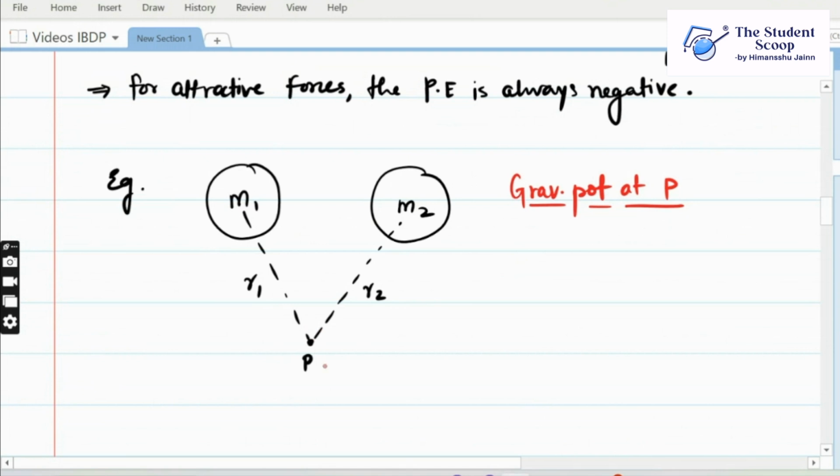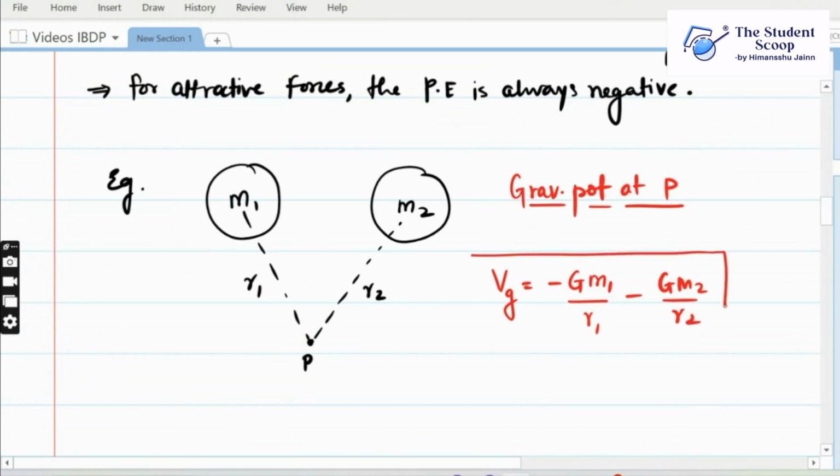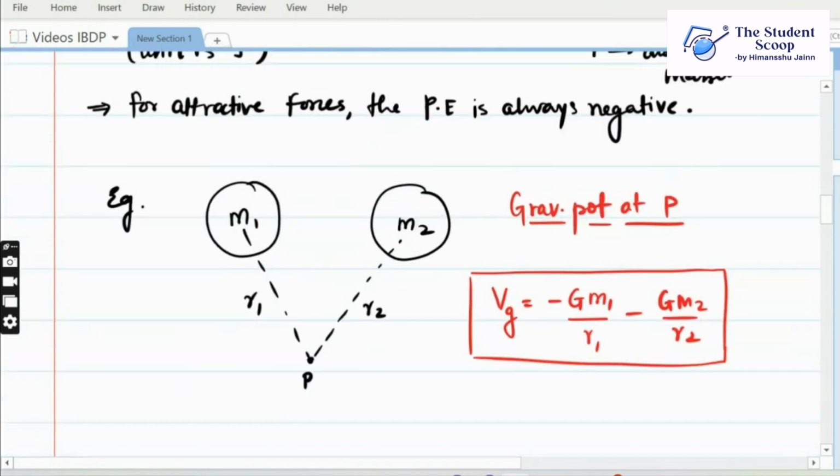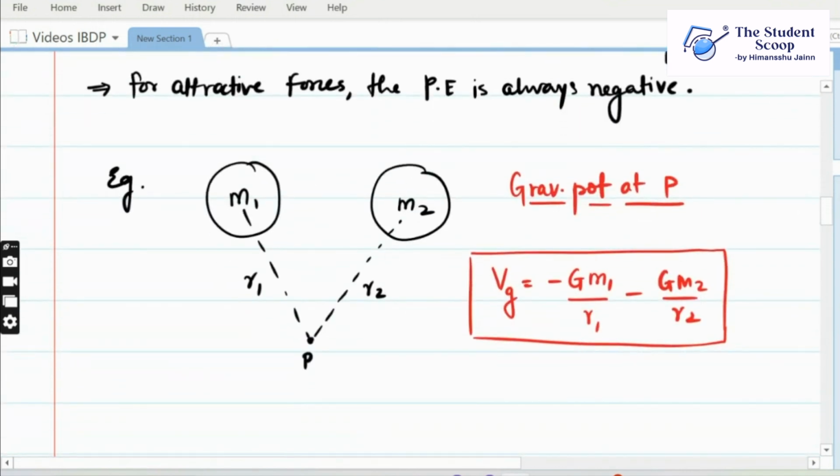If this was a vector, I would have been drawing individual vectors and then taking a resultant. But this is not required here. The net gravitational potential is the sum of the individual potentials. So we just add them and we will get our answer. We don't have to do anything related to vectors. It is a very straightforward calculation when we want to find a net gravitational potential.